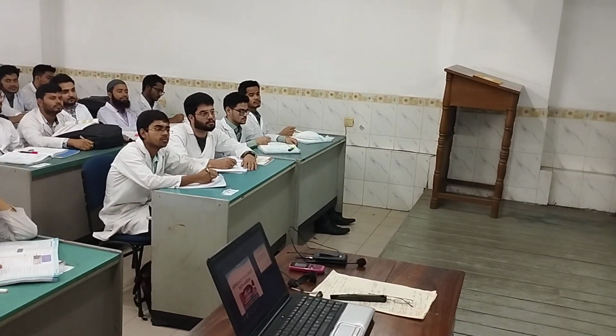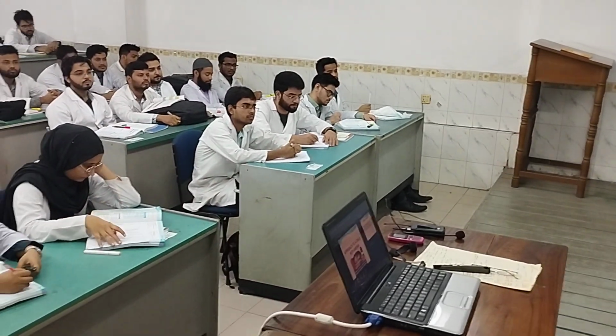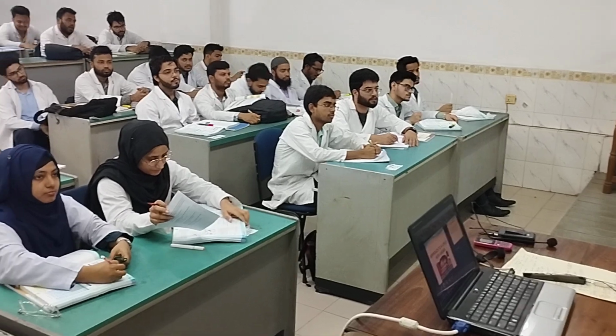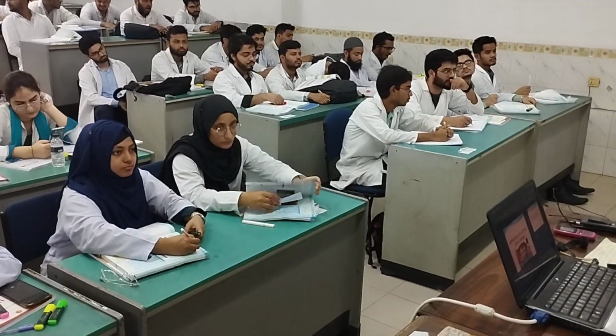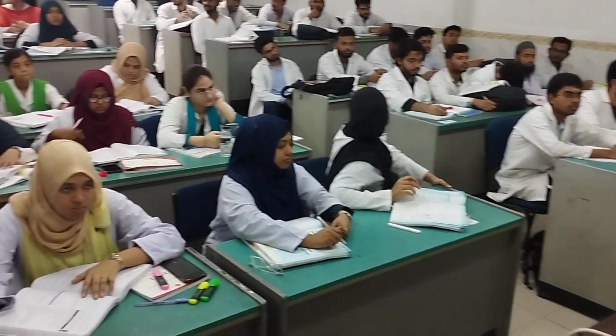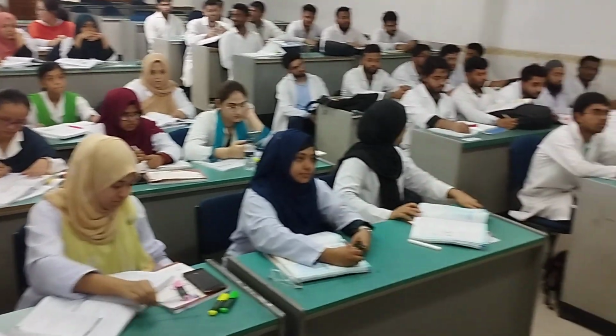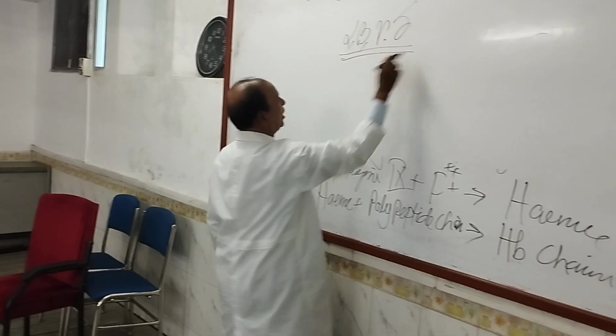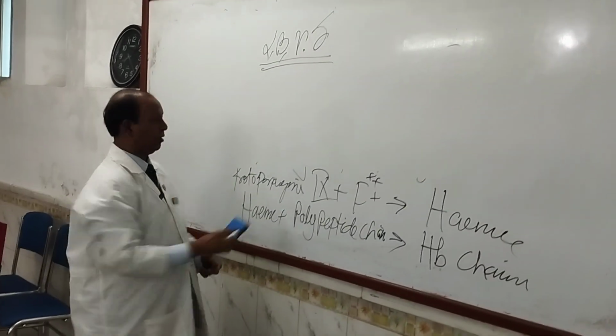How many types of hemoglobin chain are there? There are 4: alpha chain, beta chain, gamma chain, and delta chain. These are all hemoglobin chains.